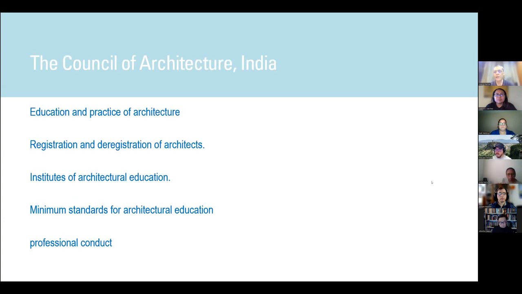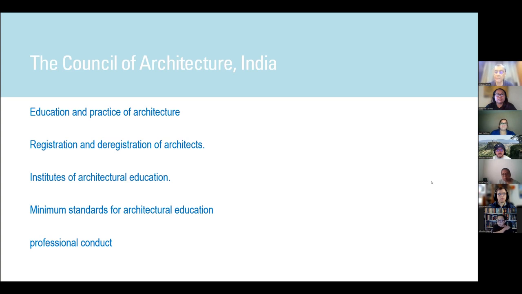Then Council of Architecture expanded their portfolio and entered the discourse of education. How do you really regulate the education of architecture in India? And IIA was trying to regulate the practice of architecture. So Council of Architecture has several responsibilities regarding the education and practice of architecture in India, such as maintaining the register of architects. Of course, parallelly, there is deregistration of architects.